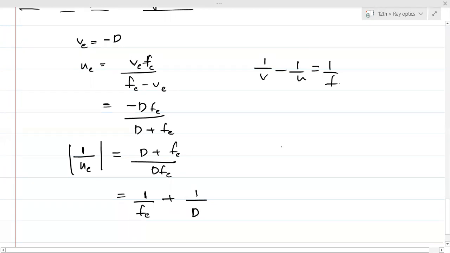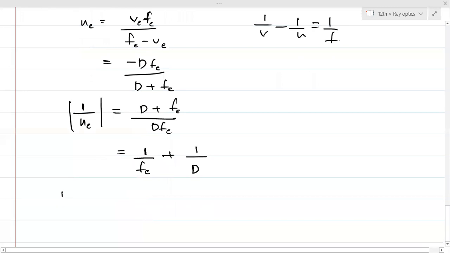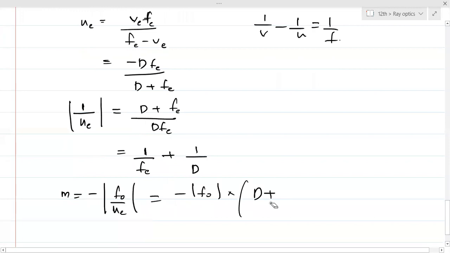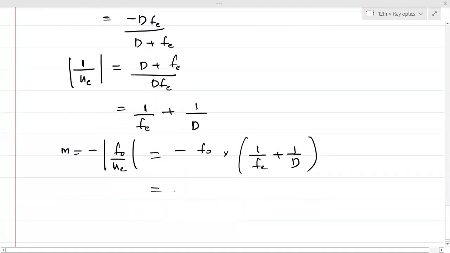Clear? Now for magnification, it is equal to minus mod of F naught by UE, which is equal to minus mod of F naught into 1 by mod of UE, which is 1 by FE plus 1 by D. Now if I take FE common, what will we get?